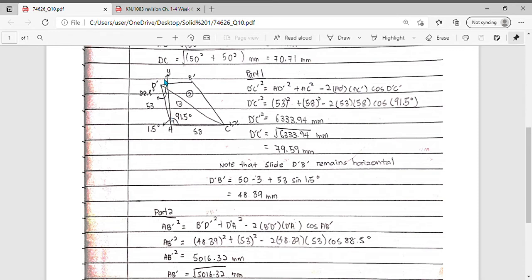Here you can see the triangle D prime A C prime. The angle at A is 91.5, so 180 minus 91.5, and then divide by 2, you will get 44.25 degrees each here.